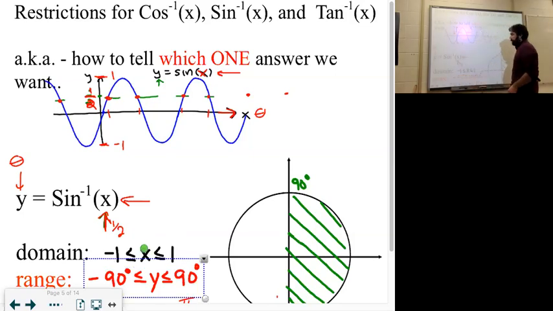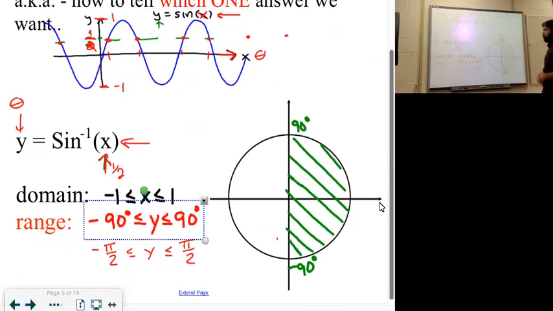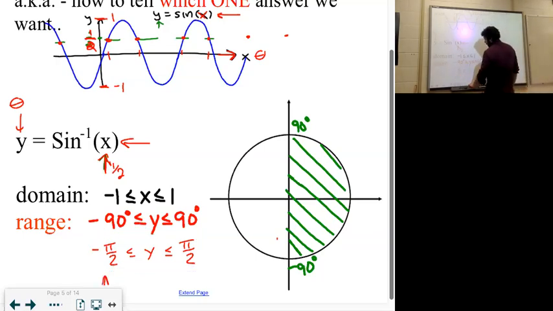The standard restriction is all angles between -90 degrees and +90 degrees, or if we're dealing with radians, it's -π/2 radians to π/2 radians, which sounds kind of funny because of this negative value. And I agree, that's kind of different.